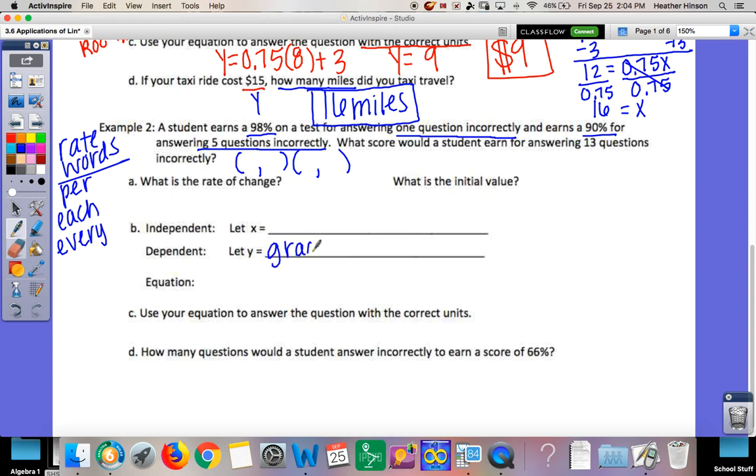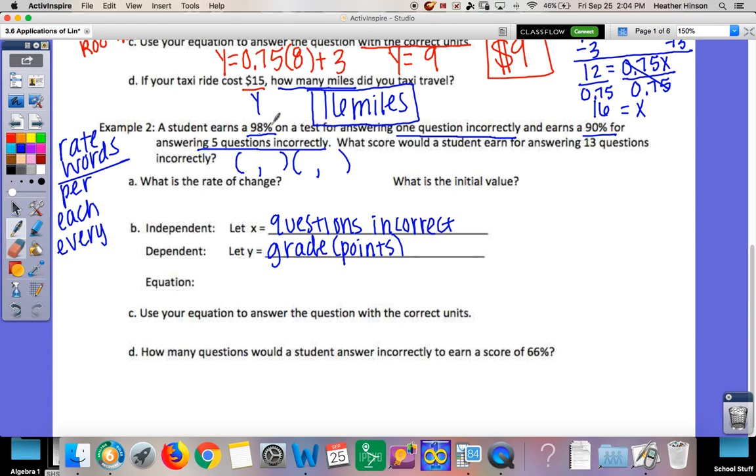So your grade, or your points, depends on how many questions you get incorrect. So grade depends on questions. That means the questions are going to be X, they're going to go first. The grade is Y, so it's going to go second.